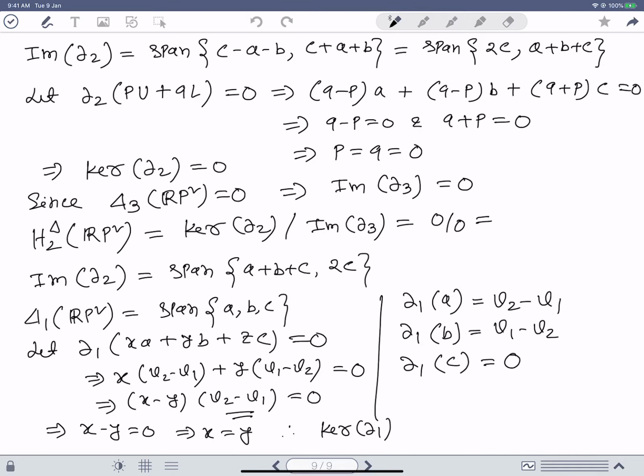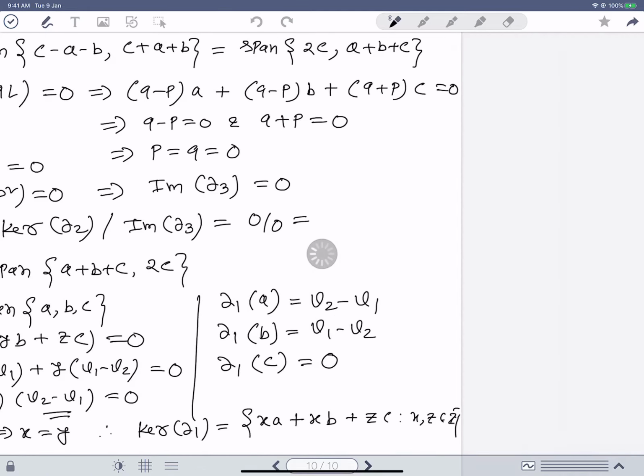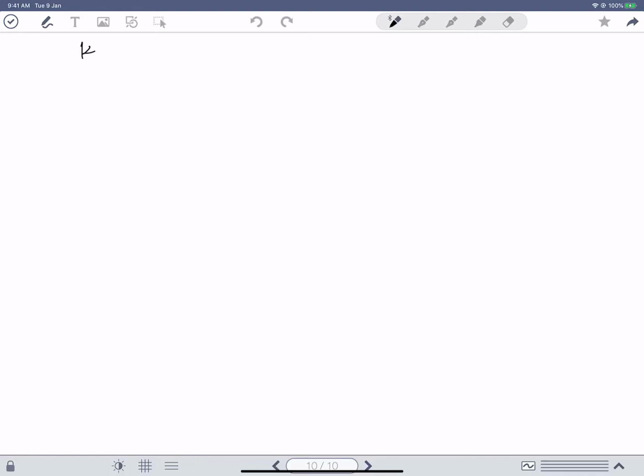So kernel of ∂1 will be xa plus xb, since x equal to y, plus zc, where x and z belong to the integers. So we can write kernel of ∂1 as x times (a plus b) plus z times c, where x and z belong to the integers.